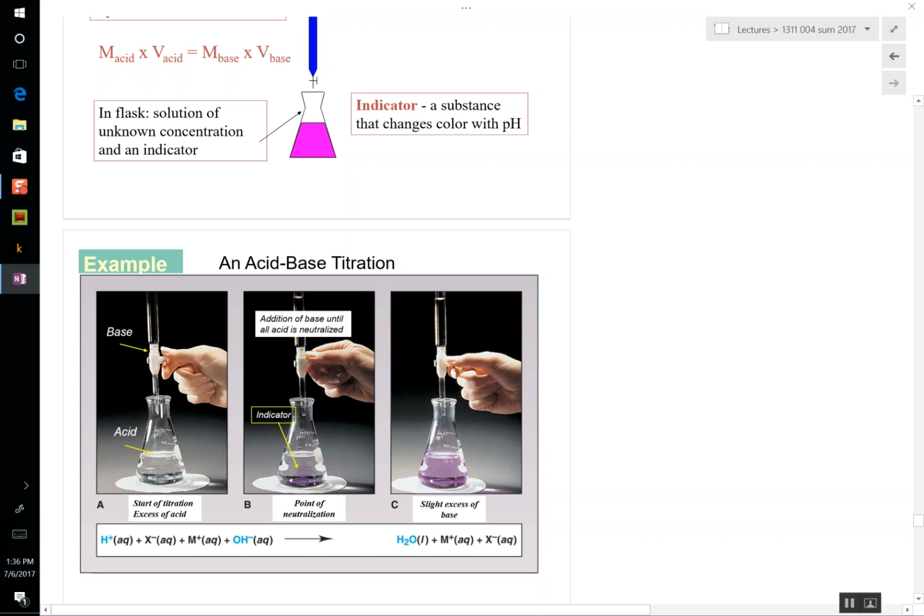I won't do this whole problem, but let me just set it up, and then we'll be dismissed. And I'm looking at 45B.